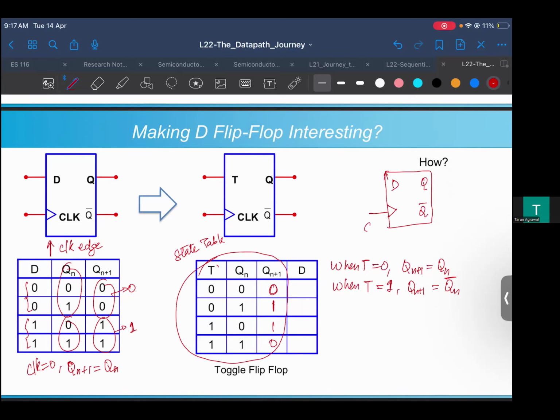Now the question is, using this, can you make this kind of state table or state transition which we want? Can you make this toggle flip-flop, which is called the toggle flip-flop? That is the goal we are looking at.